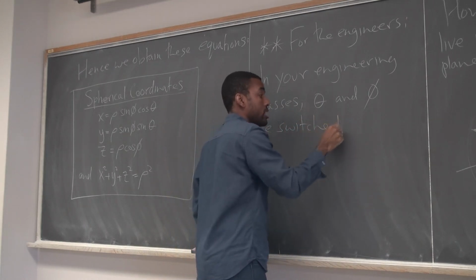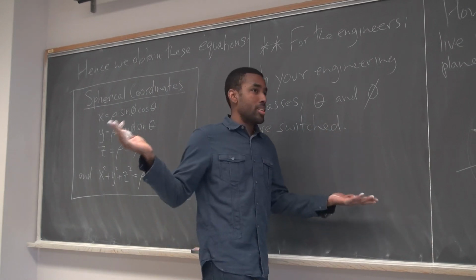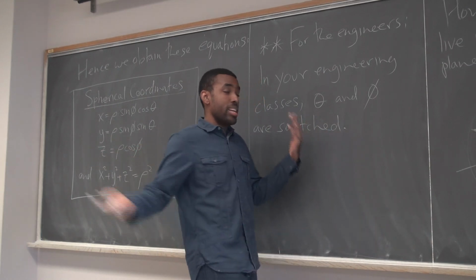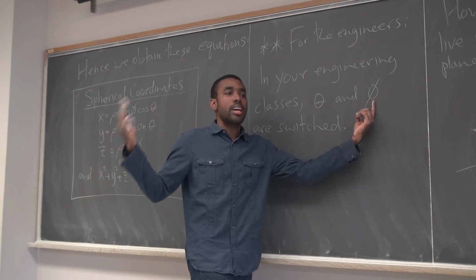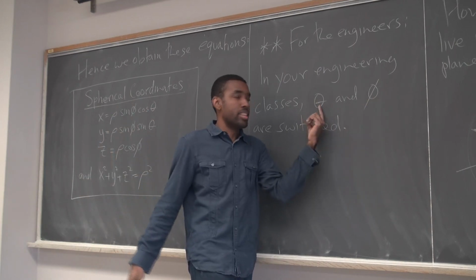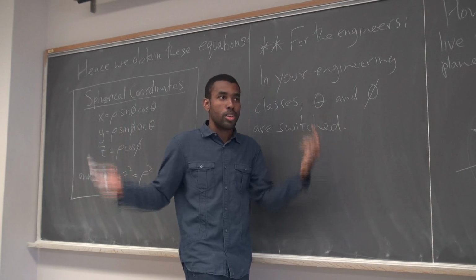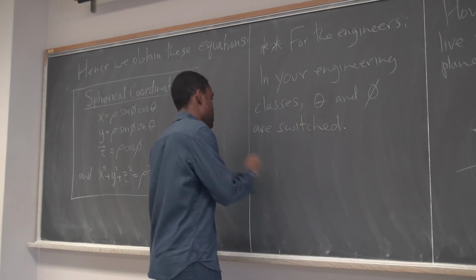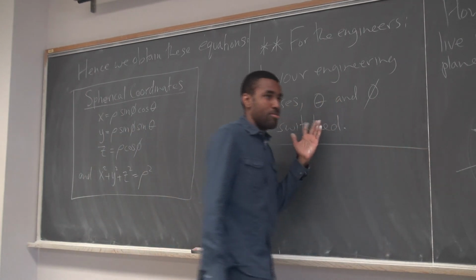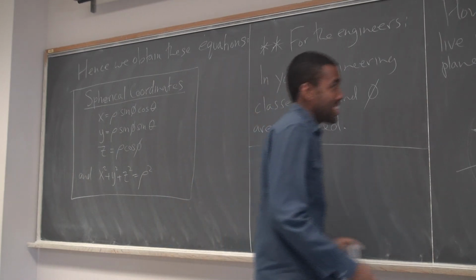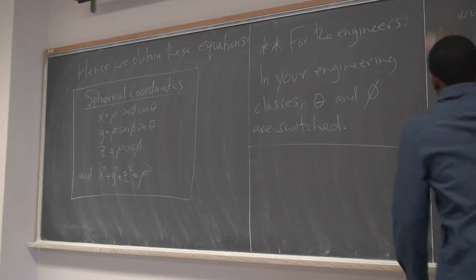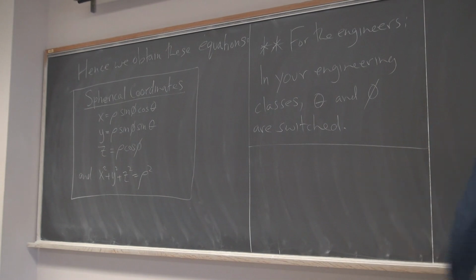I have no idea why they decided to switch it, but they decided to switch it for some reason. So if you're reading an engineering textbook, think of the phi as the guy from polar coordinates, and this is the new guy that you just thought of. Wow, that's good. I have no idea why they do it, but it causes people a lot of confusion. So you spend your whole life thinking of theta in one way, and then you get to engineering like, no, we're going to call it phi now.